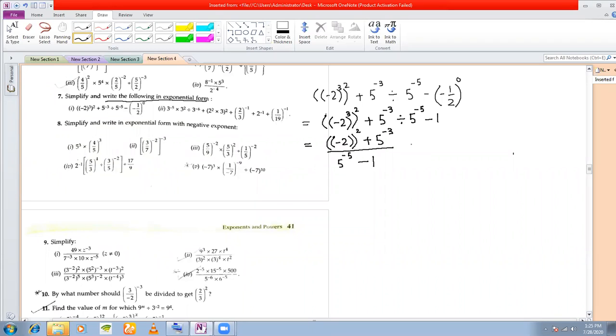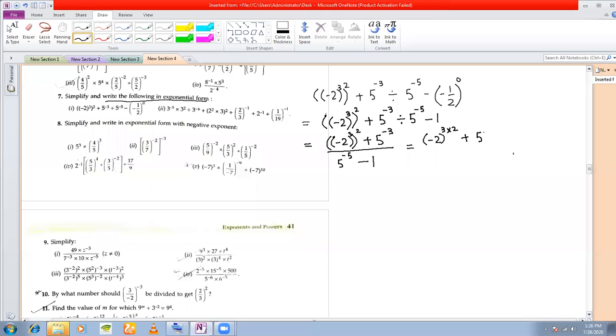Okay. Now we simplify the numerator and the denominator. So you have minus 2, this is cube. I forgot a cube here. Okay, so this is minus 2 whole cube. This is a to the power of m raised to the power of n, so the powers will get multiplied.